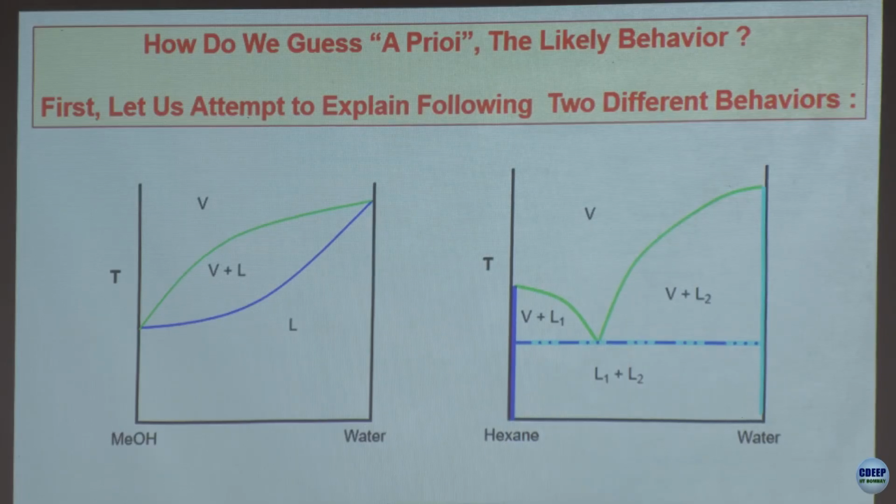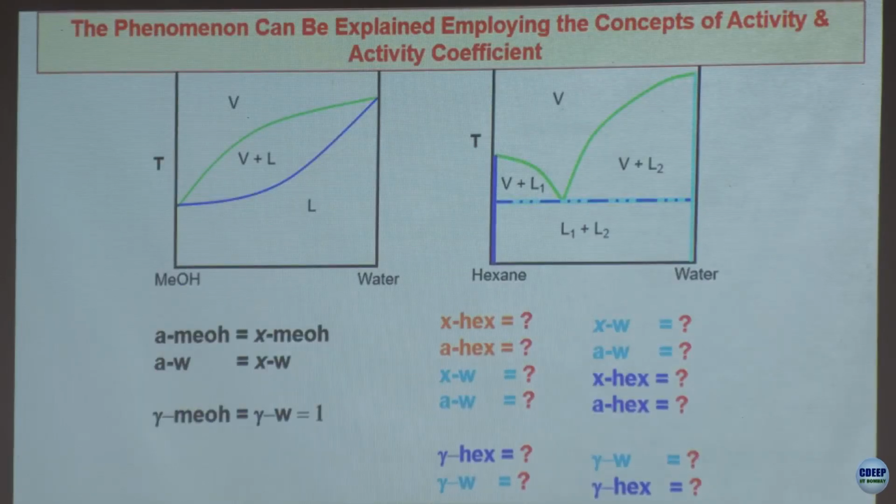And if we look at the variation in the thermodynamic activities, we can say that the activity of methanol in this particular mixture is going to be equal to its mole fraction. Activity of water is going to be equal to mole fraction, and the activity coefficients of both are going to be equal to 1.